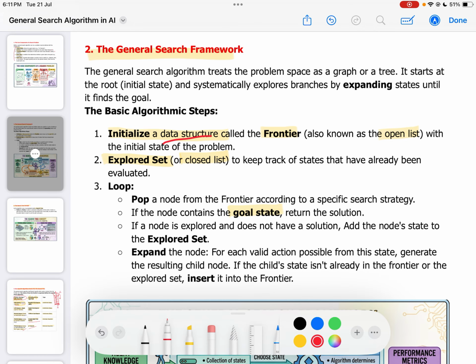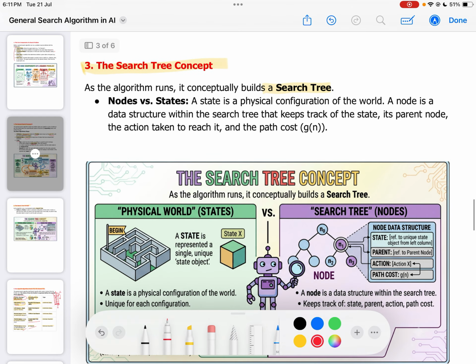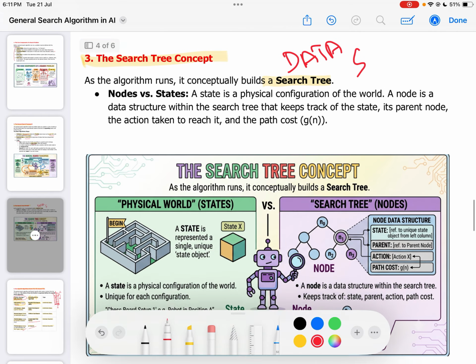It creates a data structure called frontier. Then there is an open list and a closed list where it explores the branches. Then there is a goal state where it loops through and finds the goal state. This is the framework. Third is the tree concept. Why we need to know the tree concept is because any problem is converted to a data structure.